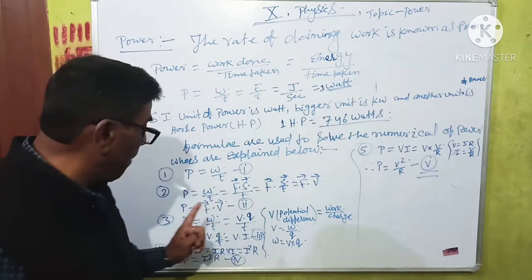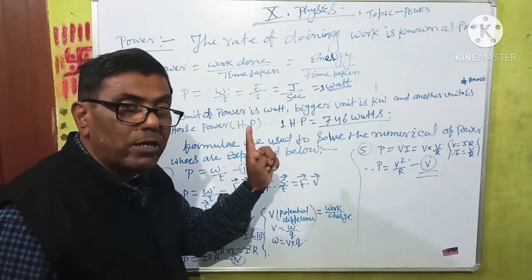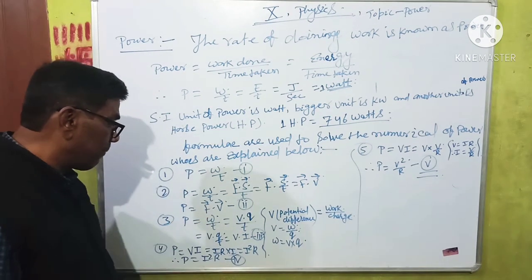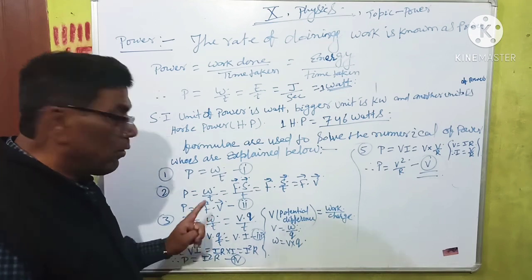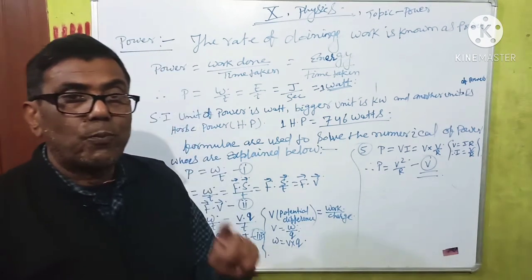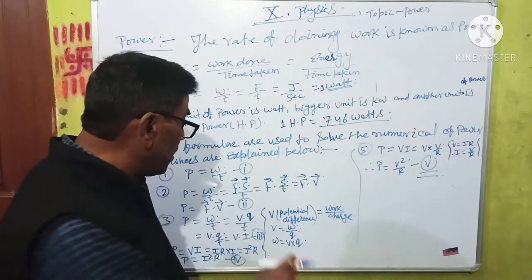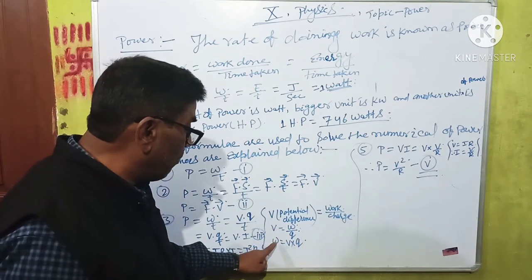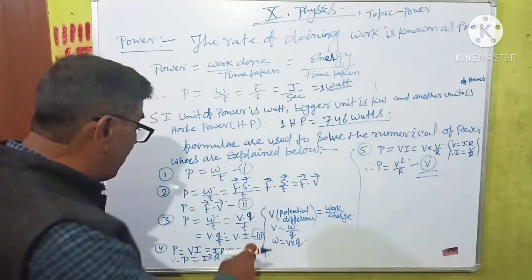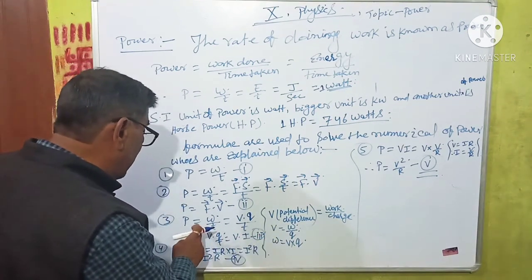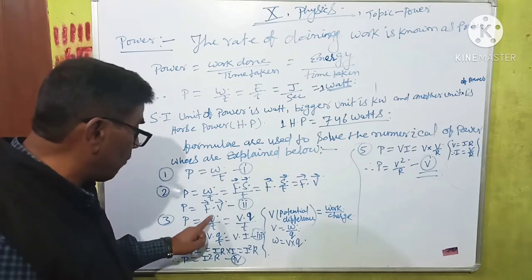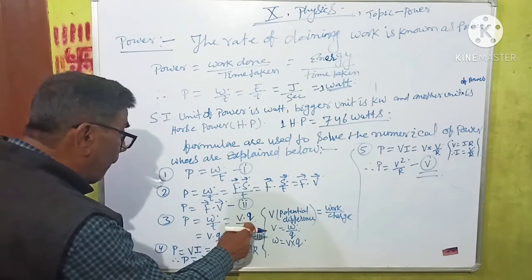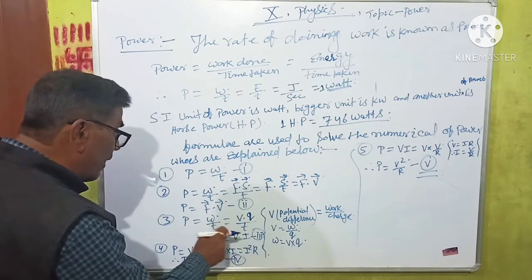So the second formula of power is force dot velocity, and the third formula is P is equal to W by T. We know that potential difference is equal to work done by charge, so V is equal to W by Q. Then W is equal to V into Q. So putting the value of work done in the third formula, P is equal to W by T is equal to V into Q by time.